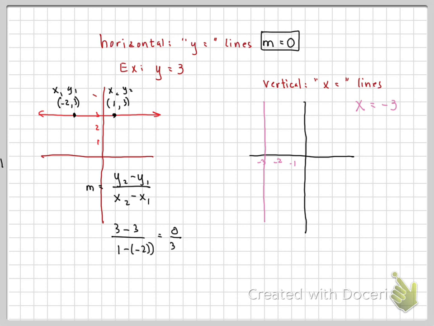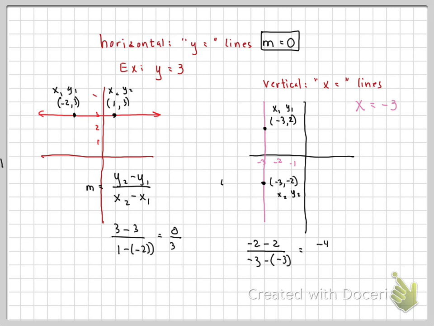Now we'll do the same thing with vertical. We'll use these 2 points right here. The coordinates -3, 2 and -3, -2. Okay? In y2 minus y1, here's x1, y1, x2, y2. So y2 minus y1 over x2 minus x1.